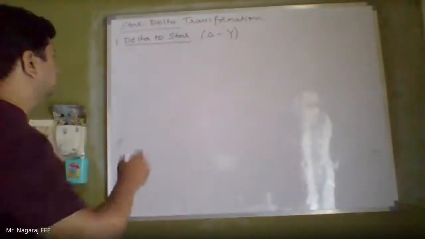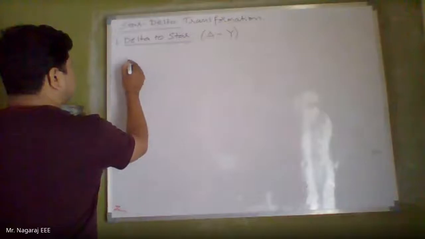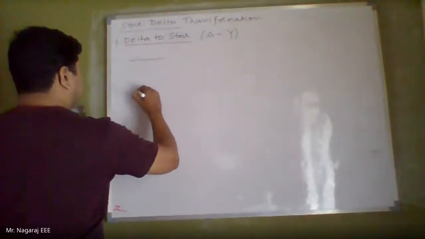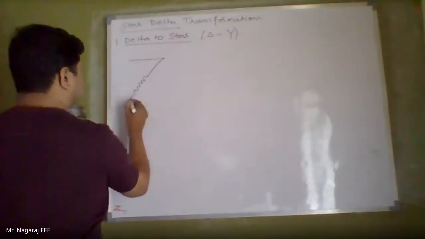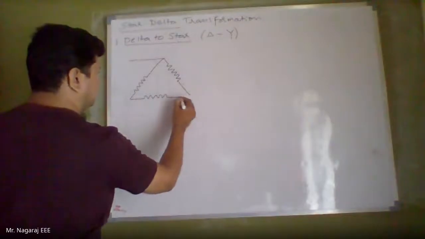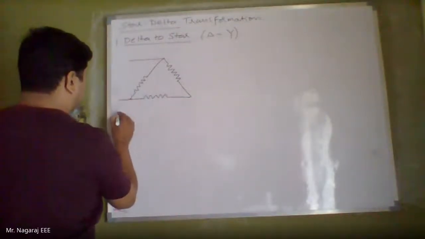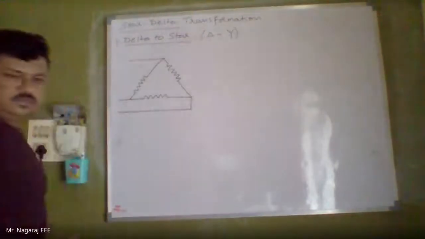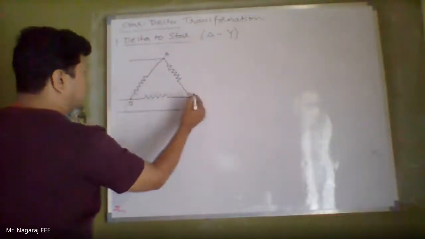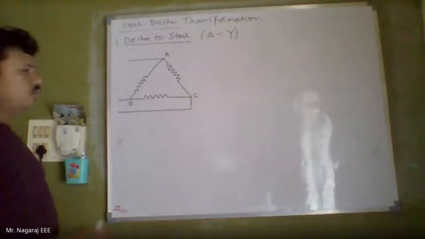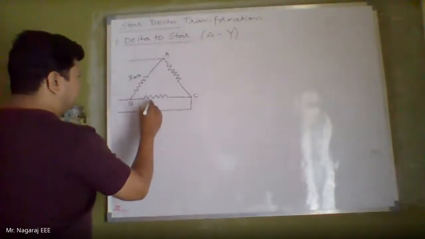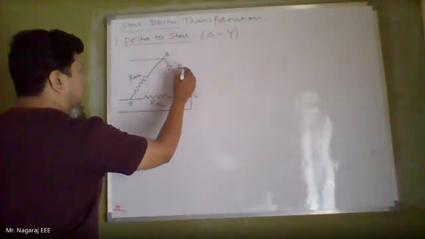Now suppose I have three resistors connected in delta: node A, node B, and node C, with the resistance between A and B being RAB, then RBC, and RCA.